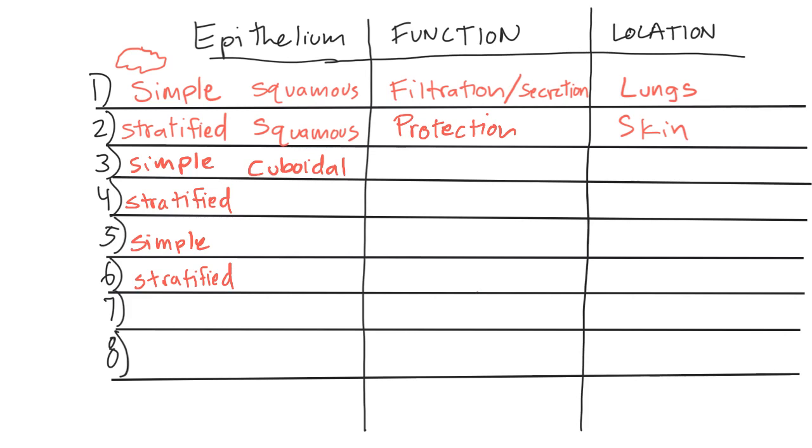Now these are generally lining glands, or they are associated with glands surrounding a lumen, an area which is open. And they are for secretion or absorption.